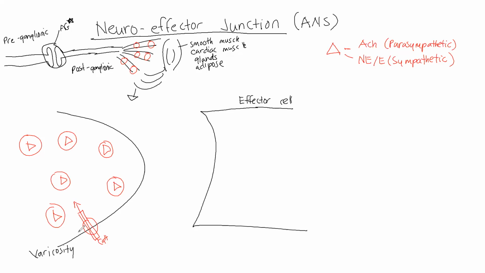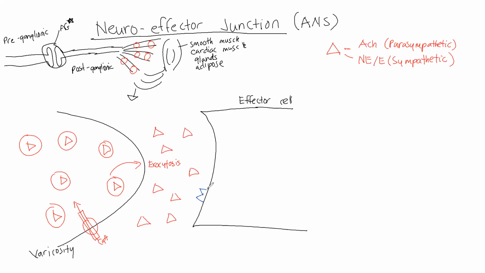Either case, the calcium channels open up when that action potential gets here, calcium rushes in, and we've got that exocytosis that we talked about. So exocytosis, such that we dump this neurotransmitter, whatever it is, into the cleft, okay? Or the junction here. Now, on the other side, we've got a receptor that's going to bind this neurotransmitter.